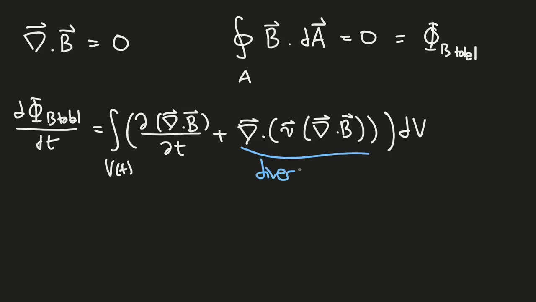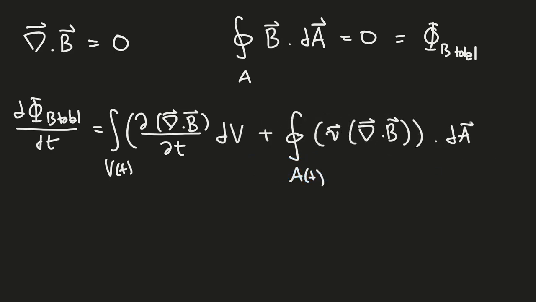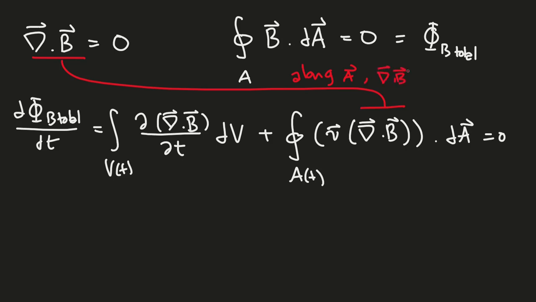Using the divergence theorem in this part, we will get the simpler result as this, which again equals 0, and I say this is simpler because this part, we know that by the divergenceless of the magnetic vector field along A, we will get the same result as the divergence of the magnetic field equals 0. So this part equals 0.